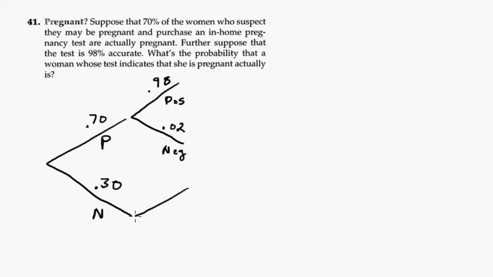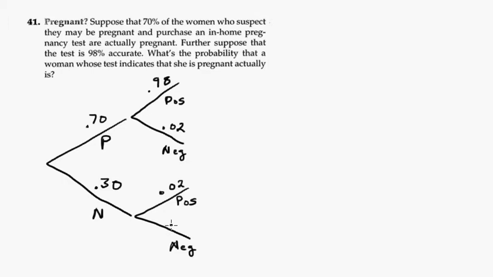Okay, and then let's see. So here, positive would indicate that she's pregnant, which is false, right? Because she's not pregnant. So that would be 2% of the time. 2% of the time it's wrong.